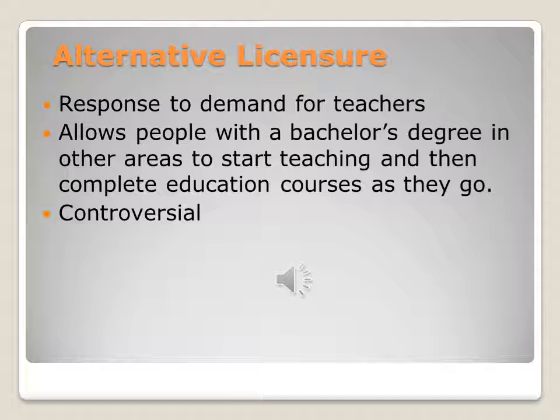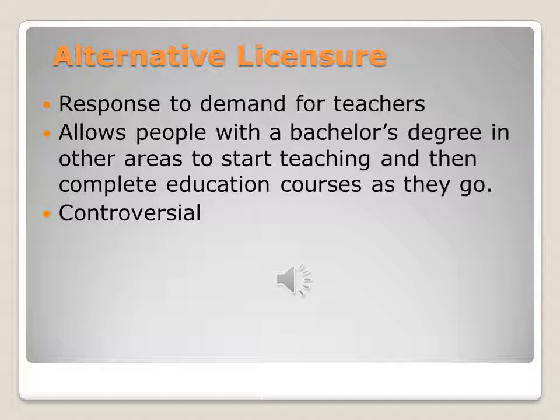Our book in this chapter also introduces us to the idea of alternative licensure, which was kind of created in response to the demand for teachers. Pretty much every state has their own alternative licensure program set up. These are people that become teachers without completing the teacher education programs that we just talked about.